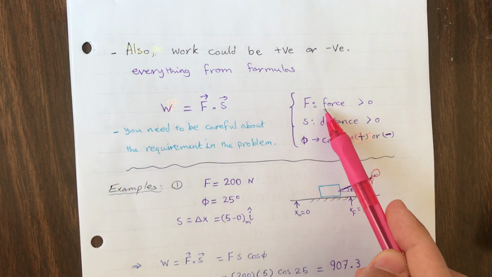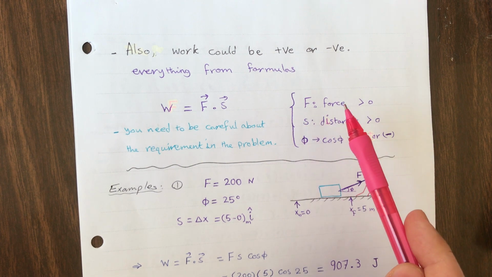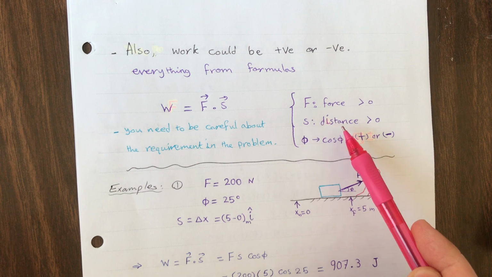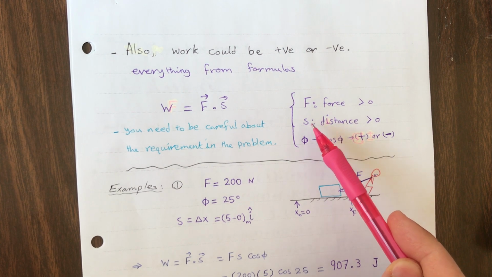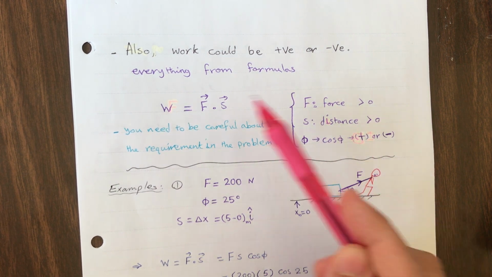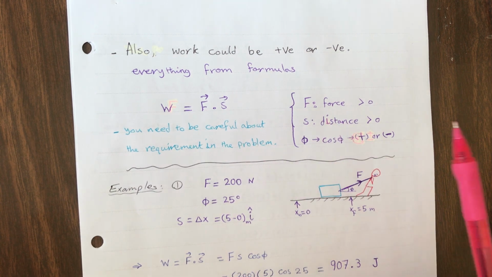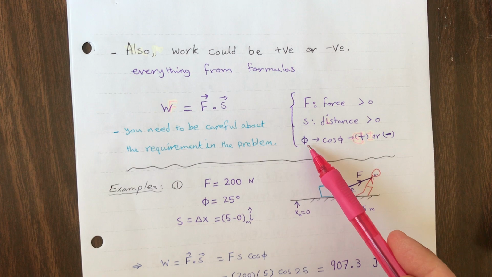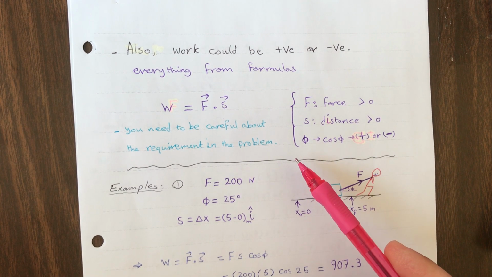But the force as a magnitude is always positive. We have 10 newtons to the right or to the left. The displacement or the distance is also positive, right or left. But how do we control right and left? We control it by using the phi in our formula.